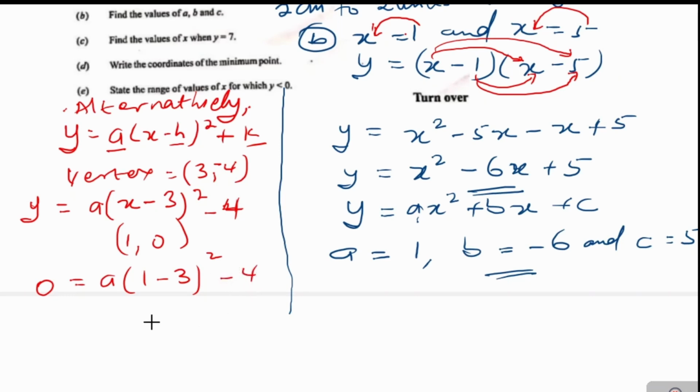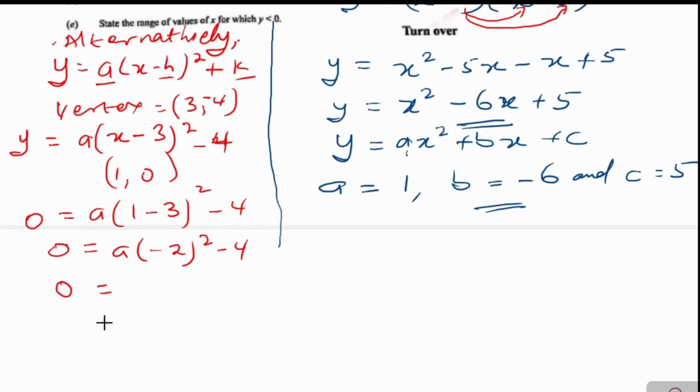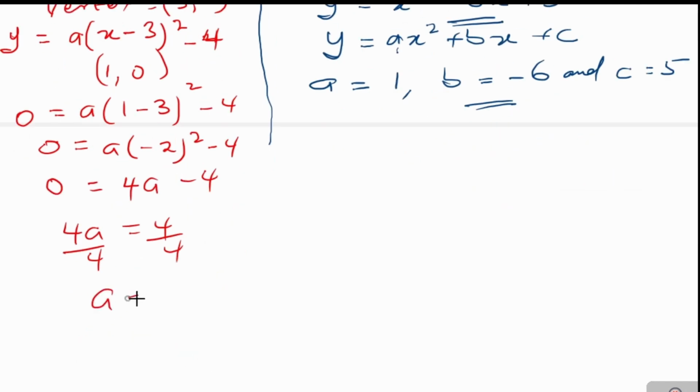Working that further, 1 minus 3 is negative 2. So we get a multiplying negative 2 squared minus 4. Simplifying further, negative 2 squared is 4, so 4a minus 4, and rearranging, 4a will be equal to 4. Dividing through by 4 gives us 1 as our a.